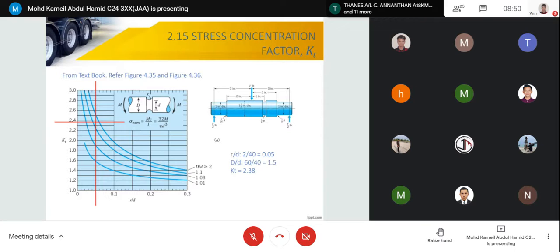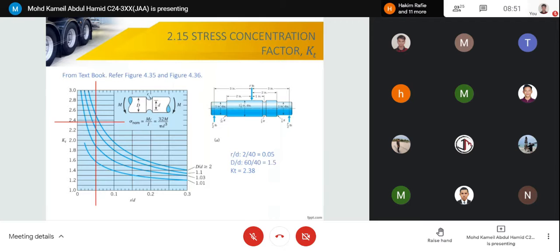For example, there are two parameters. One is R over D. R is the radius. D is the small diameter. So just refer to the figure and to the object image. Find what is R, what is D, and then get the value.